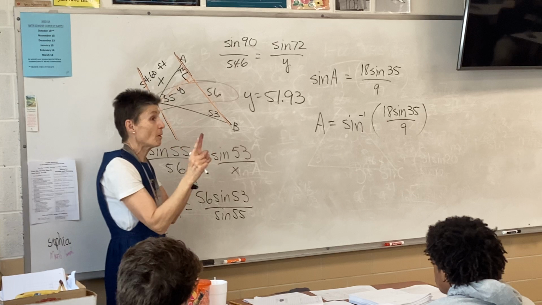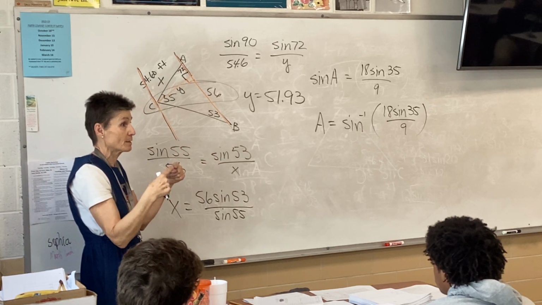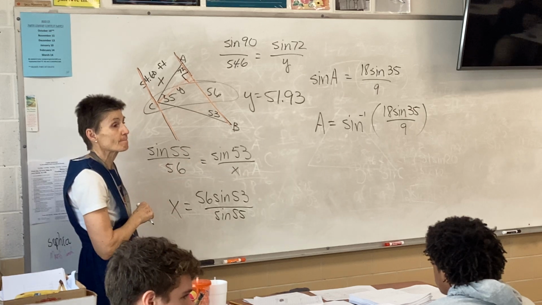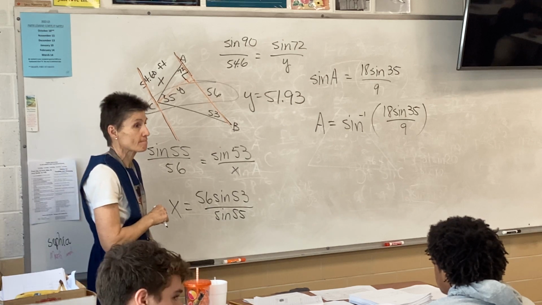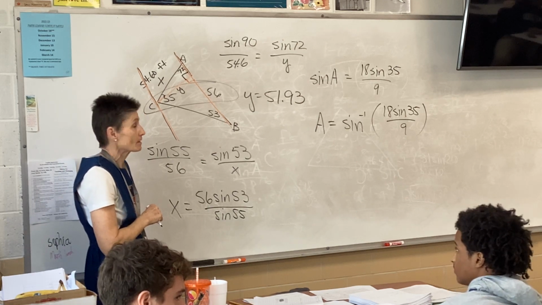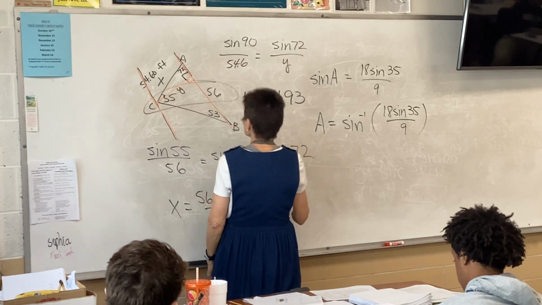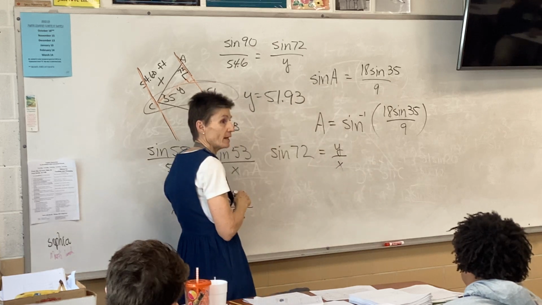When we say how far apart are parallel lines, it's the perpendicular running between them. So yeah, you do. I'm confused because I thought sine 90 was just 1. It is. Oh, okay. So if you did SOHCAHTOA, you'd say sine 72 equals y over x. I'm just gonna use x, okay?